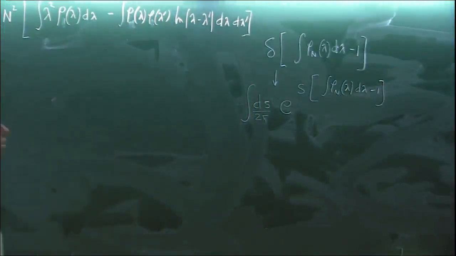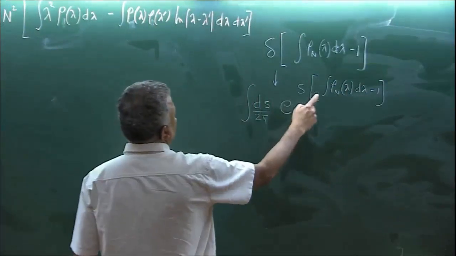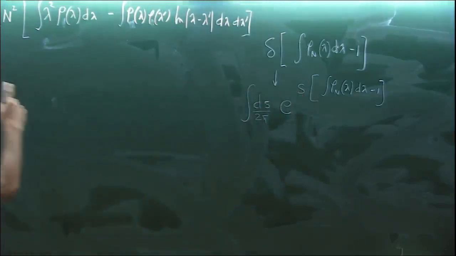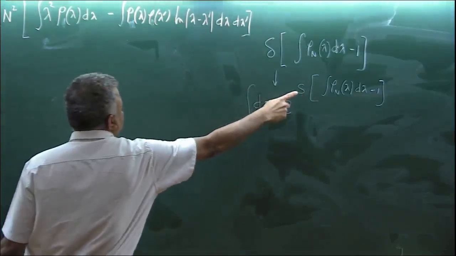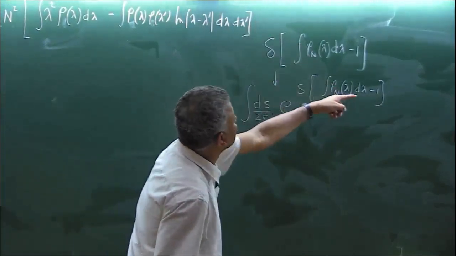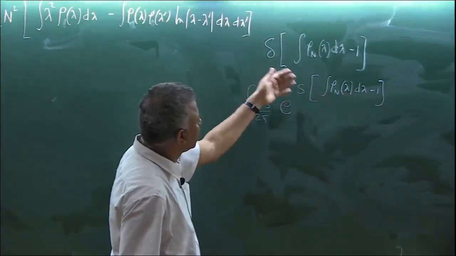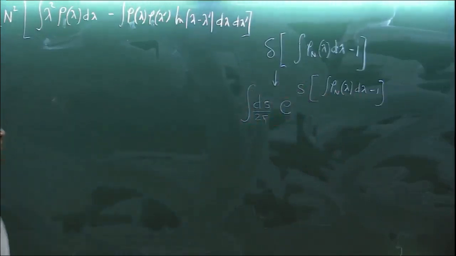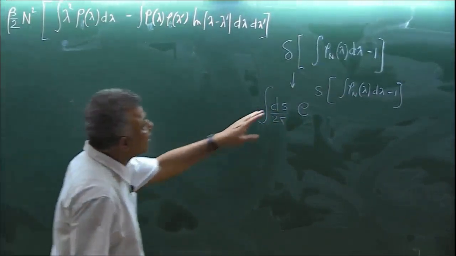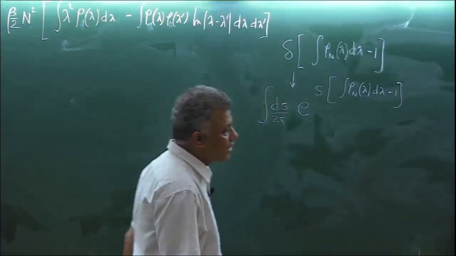So you have now a functional integral, and you will have one more integral over this s variable, and this s just enforces the constraint. This is what classical books tell you is a Lagrange multiplier. A Lagrange multiplier is nothing but replacing a delta function by its integral representation.